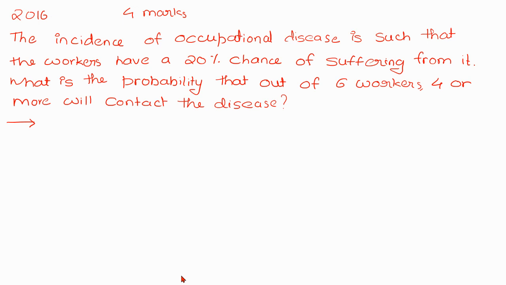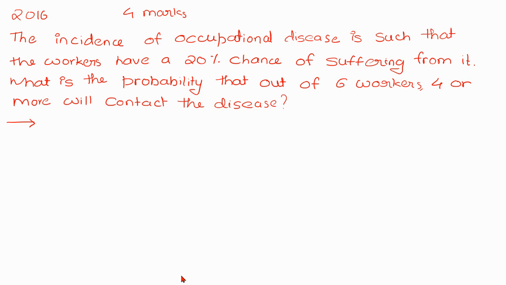Now here also nothing has been directly mentioned about the probability distribution. But I know one thing, that this is a kind of problem where you have two options: the workers are suffering from the disease or the workers are not suffering from the disease. If I treat suffering from the disease as the success, not suffering is a failure.